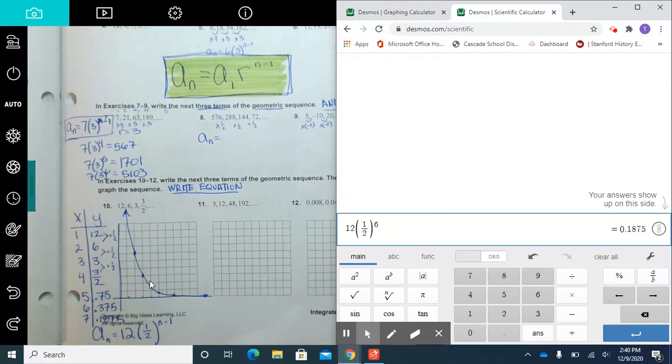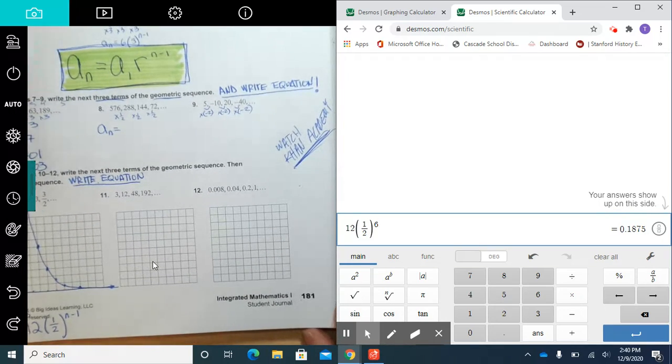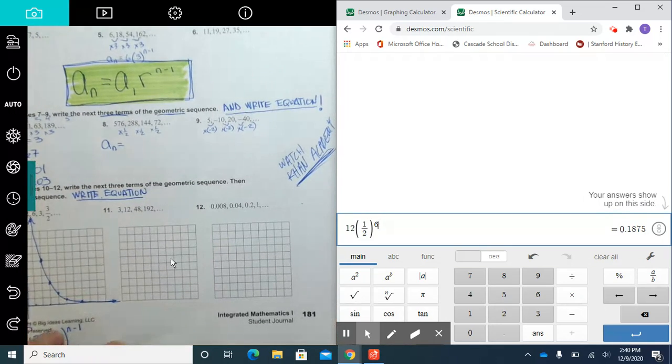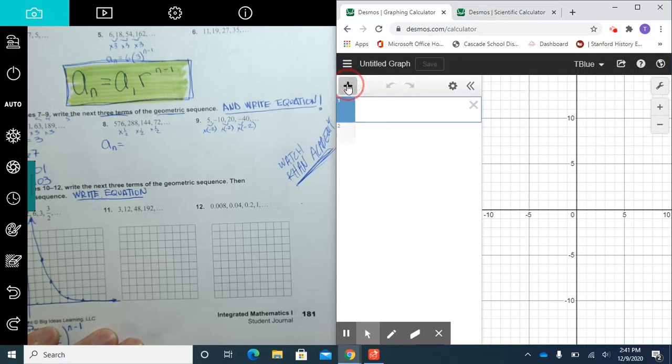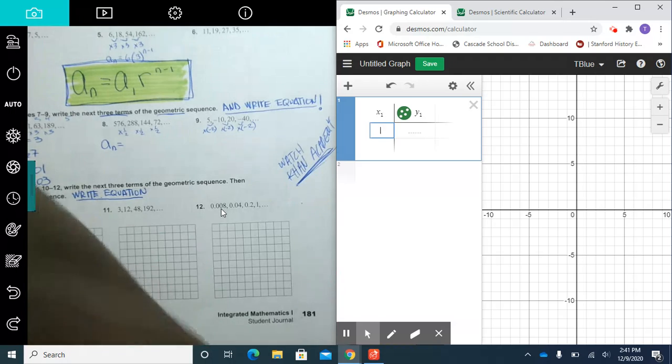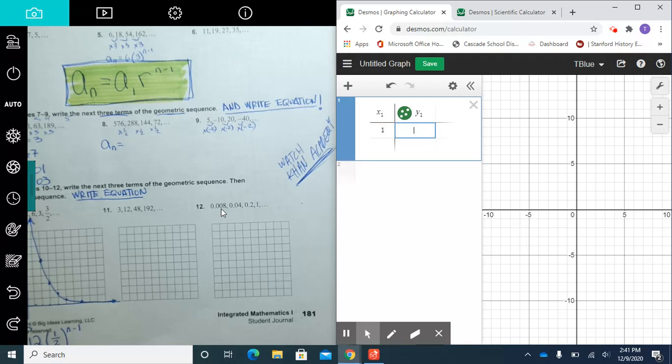Now, let's say you want to do it on Desmos. So I'm going to take this number 12 and we'll throw it into Desmos. I'm going to do a table. My first term is 0.008.